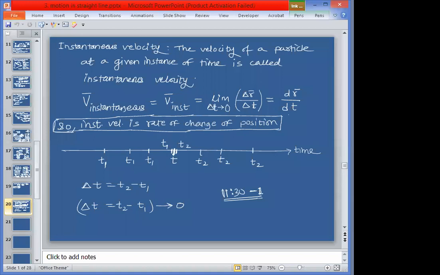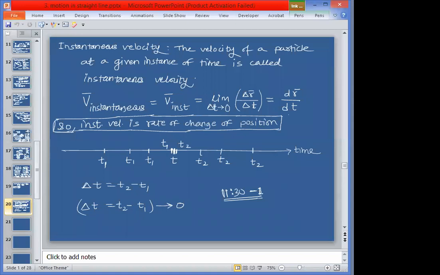At a given time, you will check the very small displacement, dr bar, and the very small time interval, dt. So that is the derivative of position. Instantaneous velocity is d by dt of r bar. R bar is the position vector. Dr bar is the change in position. So this dr bar you can call displacement. So it is displacement upon the time required for that displacement.